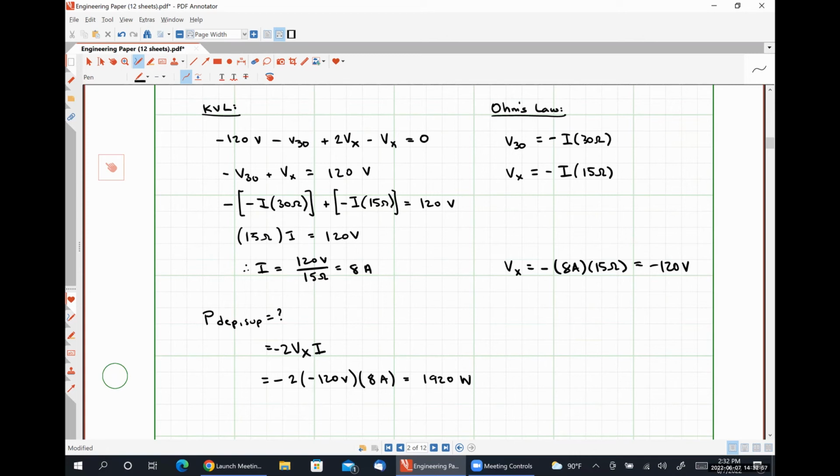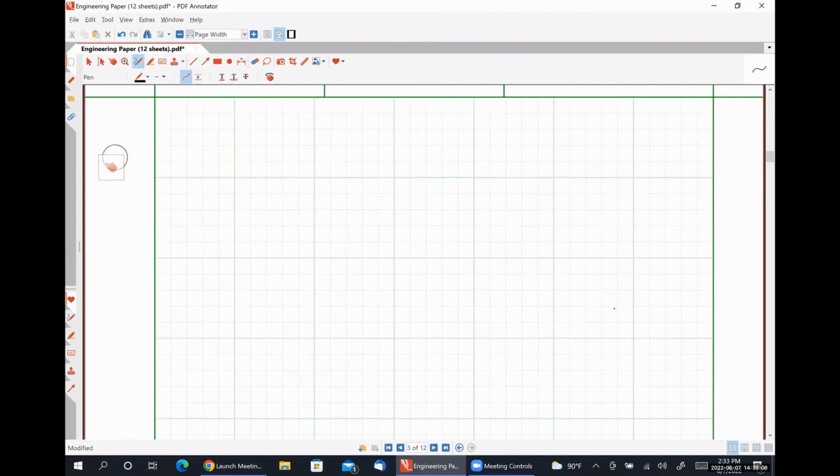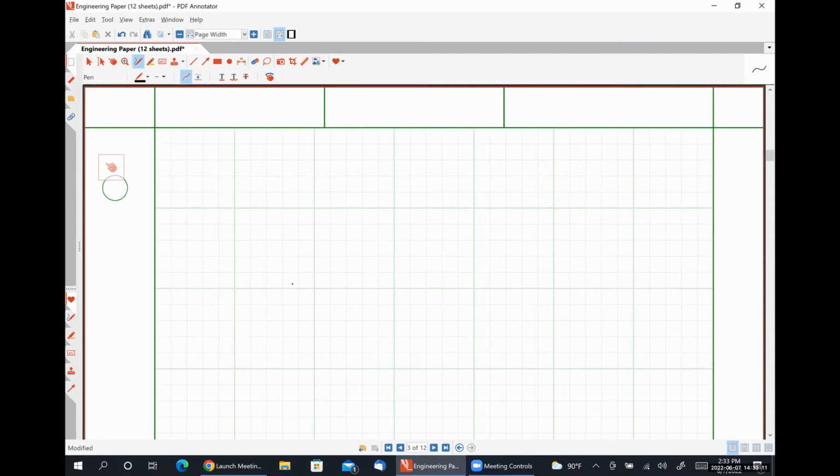All right, one last thing that we can use Kirchhoff's voltage law for here really quick is to make an observation. Okay. So let's say that I have the following circuit.